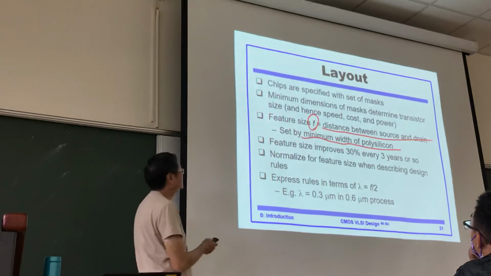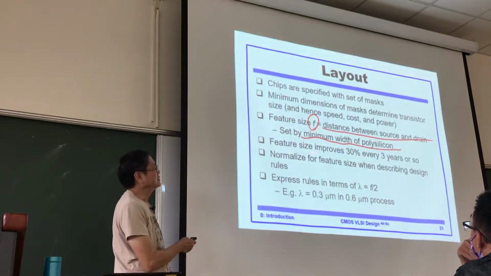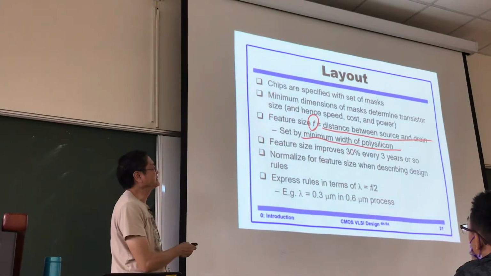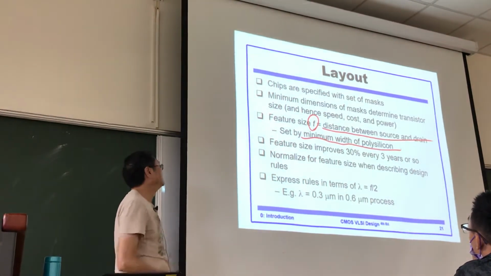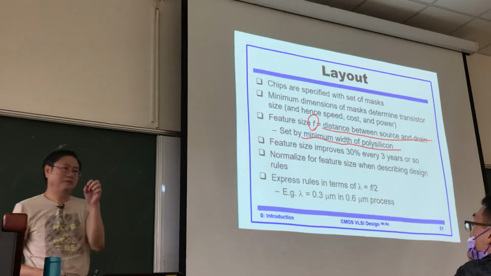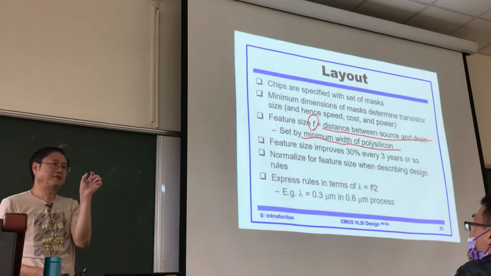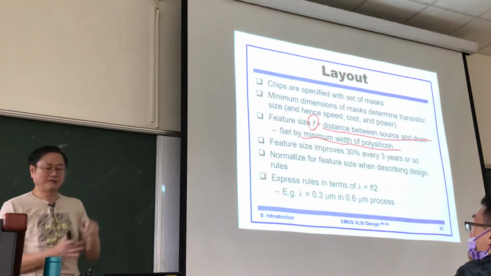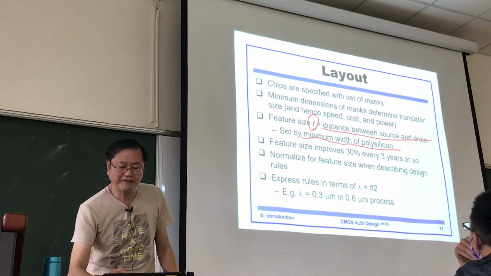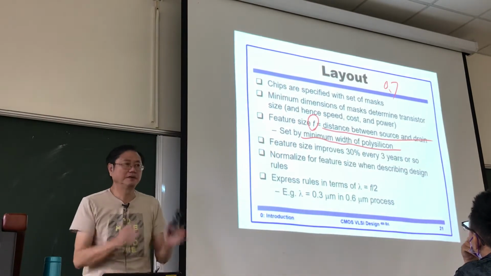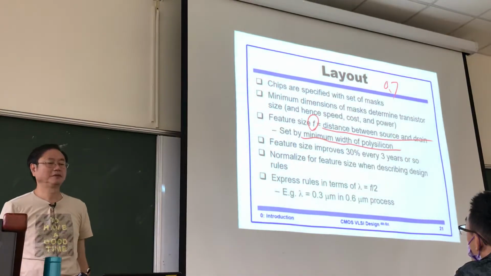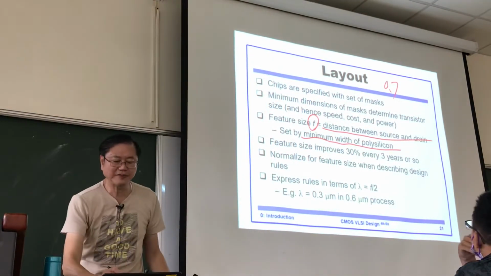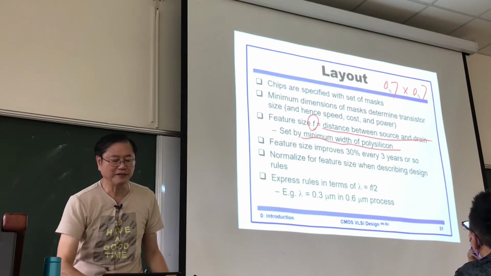And from history, VLSI improved about 30% every 3 years or so. Every 3 years, our VLSI shrinks by 30%, so it's about 0.7 in 1 dimension. So in terms of chip area, it's going to be 0.7 times 0.7.